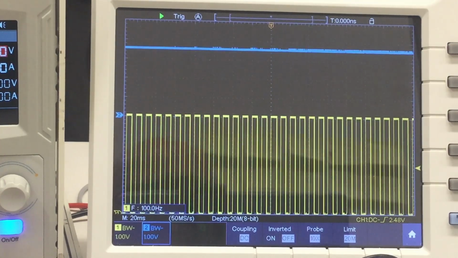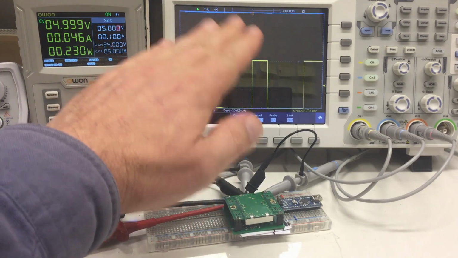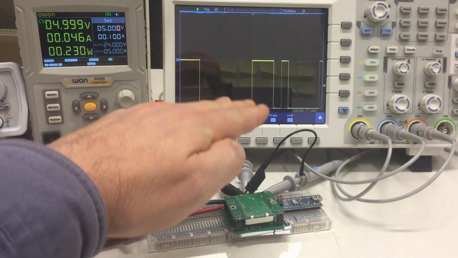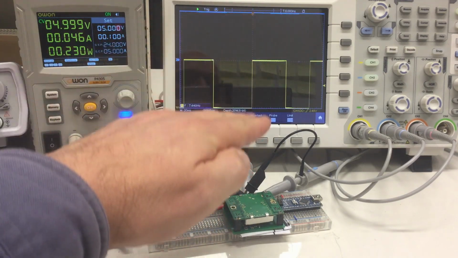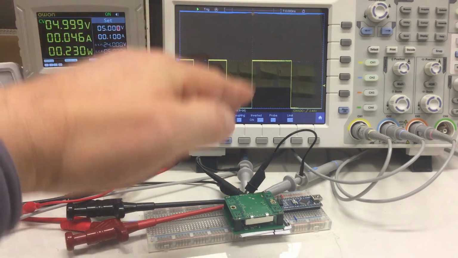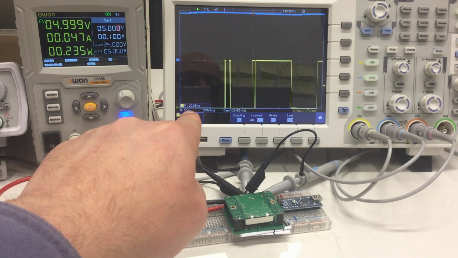Of course, if I start waving my hand here, our signal indicator goes up to 5 volt and we get a lower frequency square wave. So let's do that 21, 21, 21 again and see if we can get any stable frequency here.